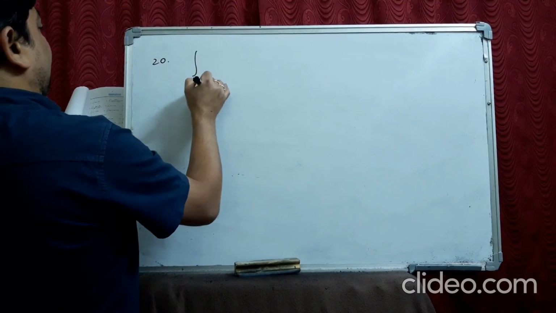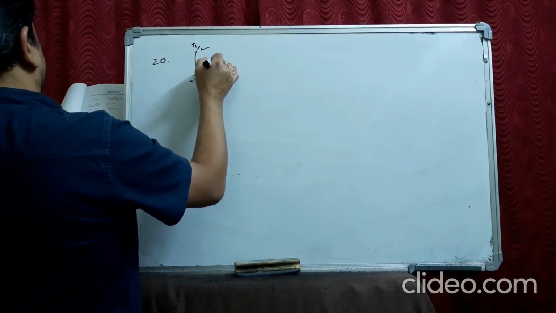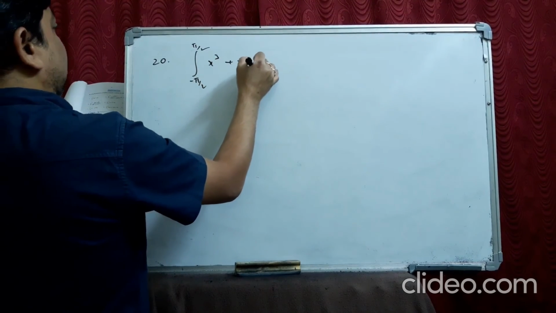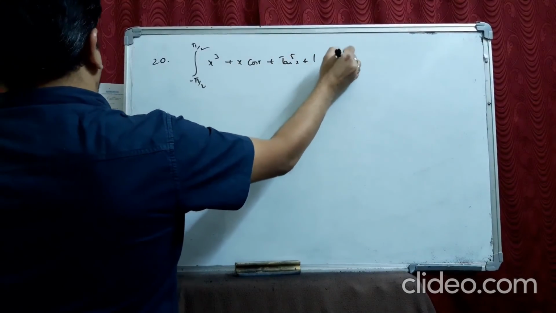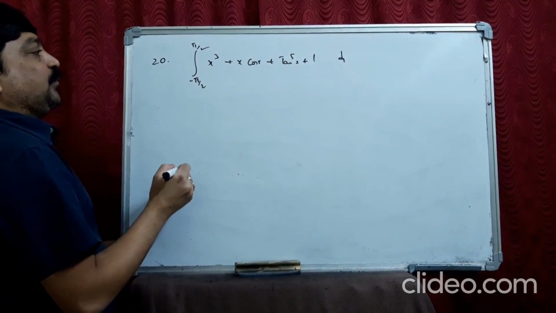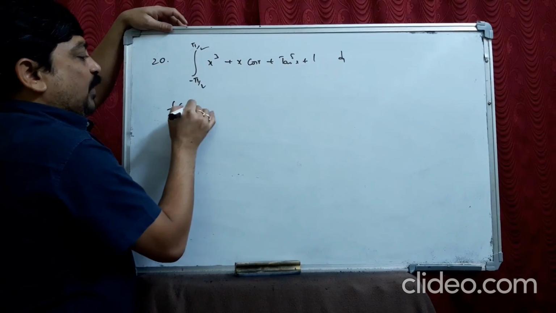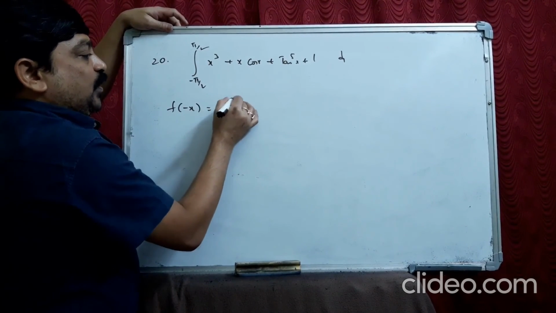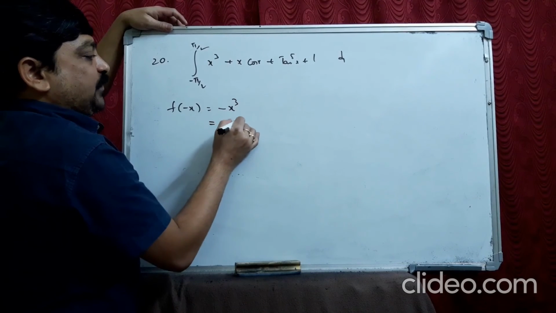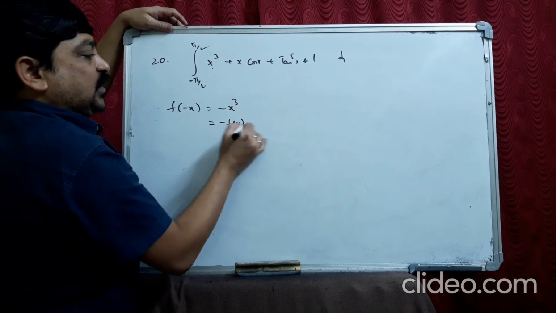Integration minus pi by 2 to pi by 2, x cube plus x cos x plus tan power 5x plus 1 dx. We take separately. If I substitute f of minus x, separately I take. In x cube it becomes minus x cube, minus fx. So for the first one it is 0.